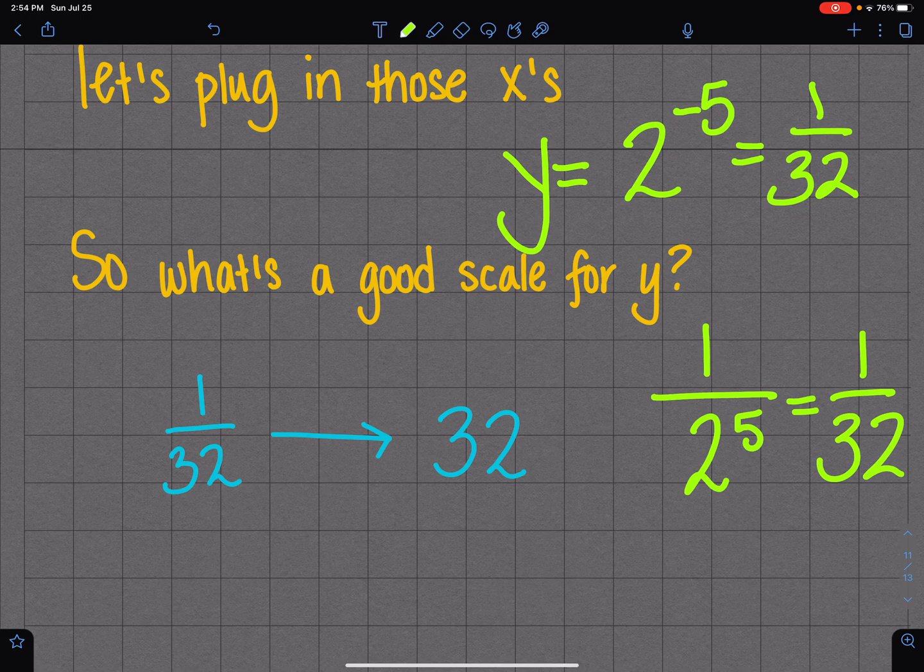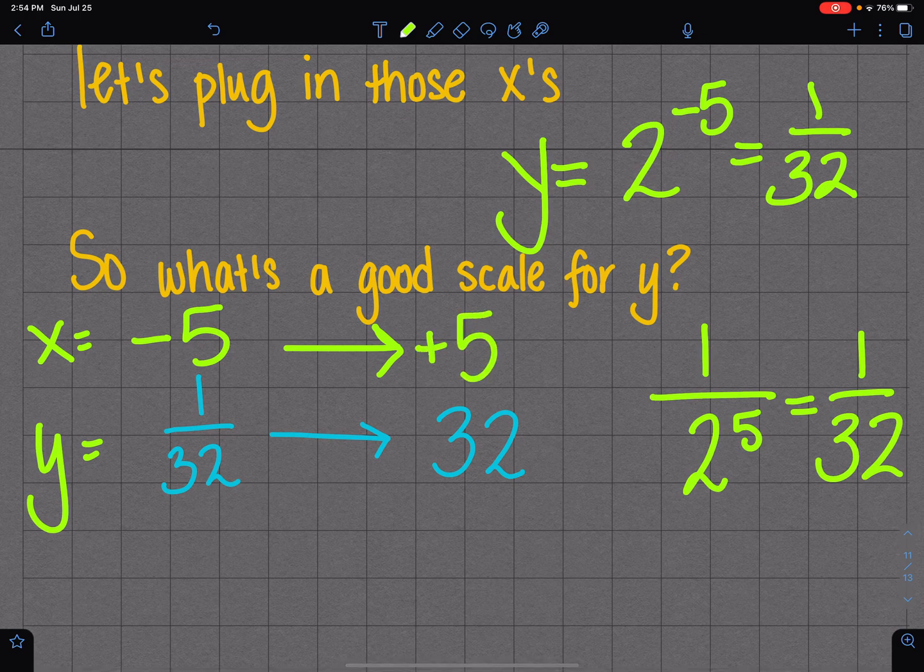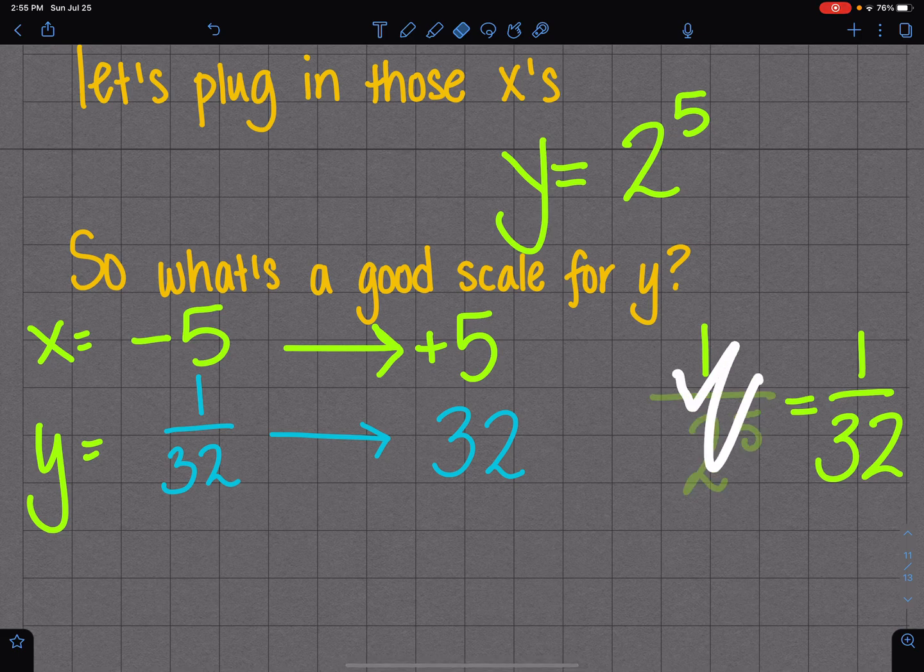So if x is -5, y would be 1/32. So this is the -5 part of the x range. If x is that, y is going to be that. Okay, what if x is +5? Well, y is equal to 2 raised to the 5th power, which is 32.